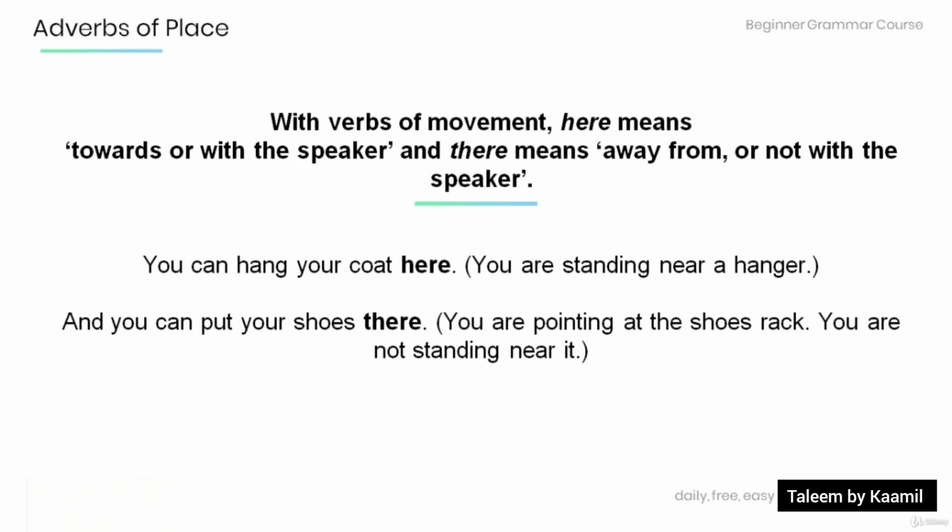The adverb of place here tells us that you are standing near the hanger. And in the sentence, and you can put your shoes there. The adverb of place there tells us that you are pointing at the shoe rack. You are not standing near it.